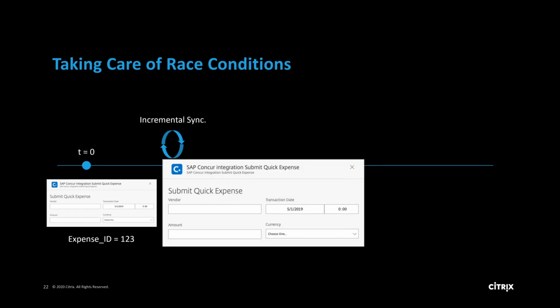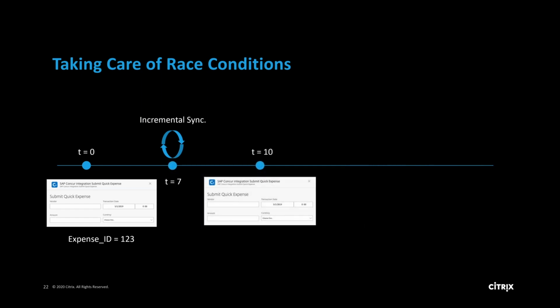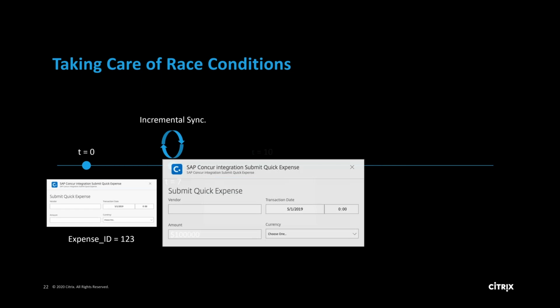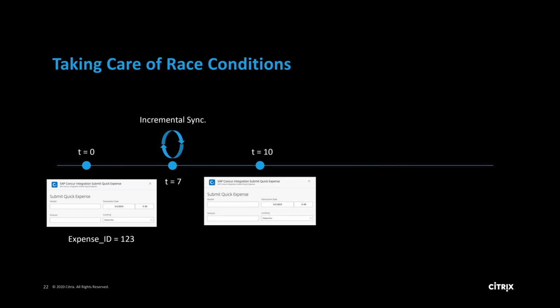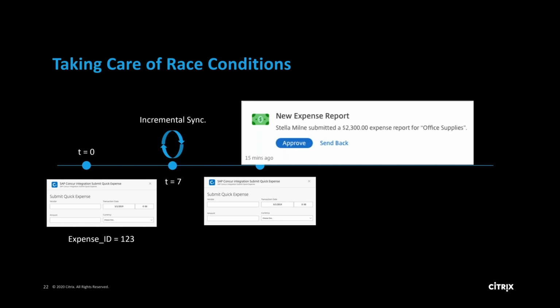Great, well that's fine, except that unfortunately that number has been updated to 100,000. That's a slight problem because at time equals 10 in the system of record, in this case Concur, it now exists as 100,000. But you know what? The last incremental sync meant that we got 2,300 into the cache. So we've generated a notification that says $2,300.